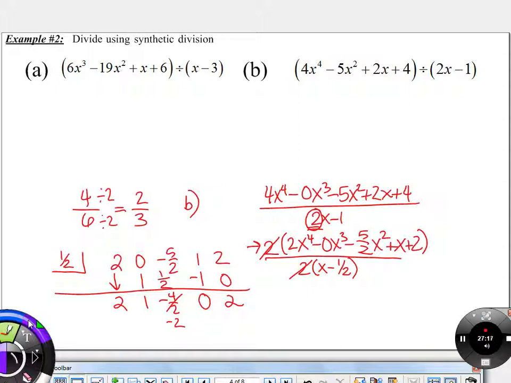So I'm going to have 2x cubed plus 1x squared minus 2x plus 0, which I don't need to write. And then I have my remainder of 2. So currently, that 2 comes from a division problem where I was dividing by x minus 1/2.